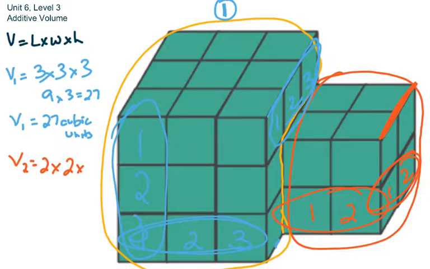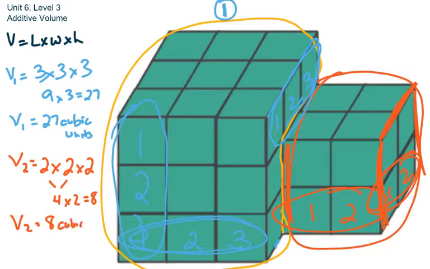And then the height, of course, I can find right here, they're the same, or even back here, it's also 2. So the second figure is 2 times 2 times 2. 2 times 2 is 4. 4 times 2 is 8. So the volume of 2 is 8 cubic units.